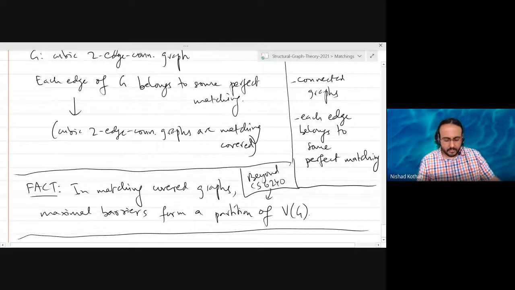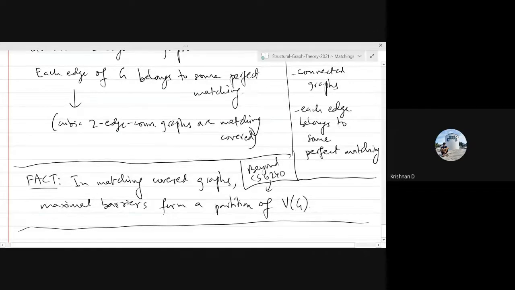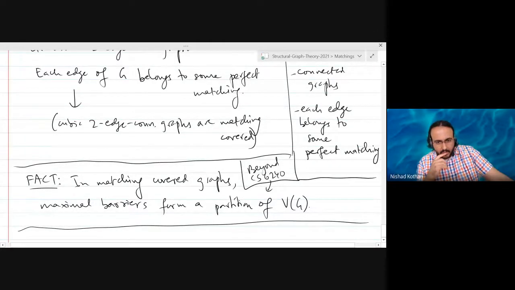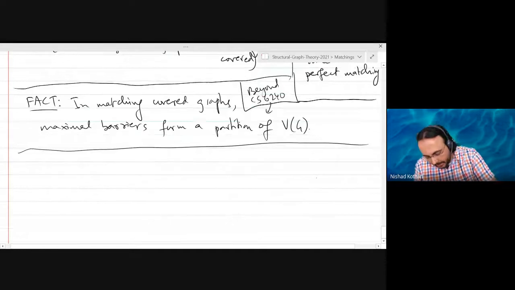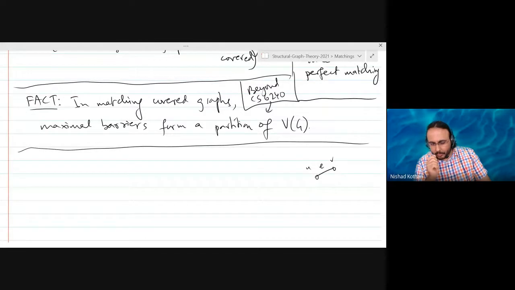Yeah, go ahead. What about the decision problem of finding whether a graph is matching covered? Let's think about it. You want to check for every edge e equal to uv whether there is a perfect matching containing this edge. Remove that edge, or do you mean something else?